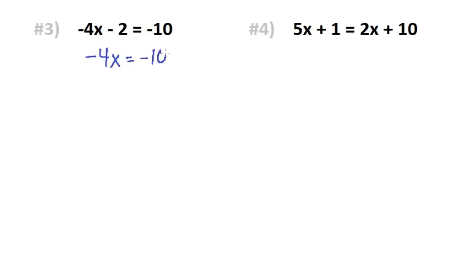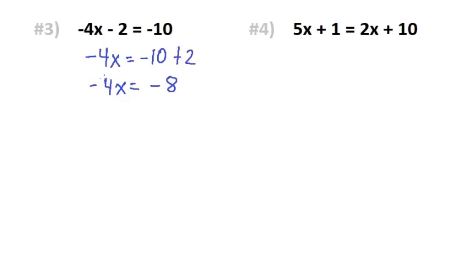Minus 10 stays there because it's only a number, but the minus 2, you move it. Because you're moving the minus 2, it's going to change to positive 2. So that will give you minus 4x equals minus 10 plus 2, which is minus 8.